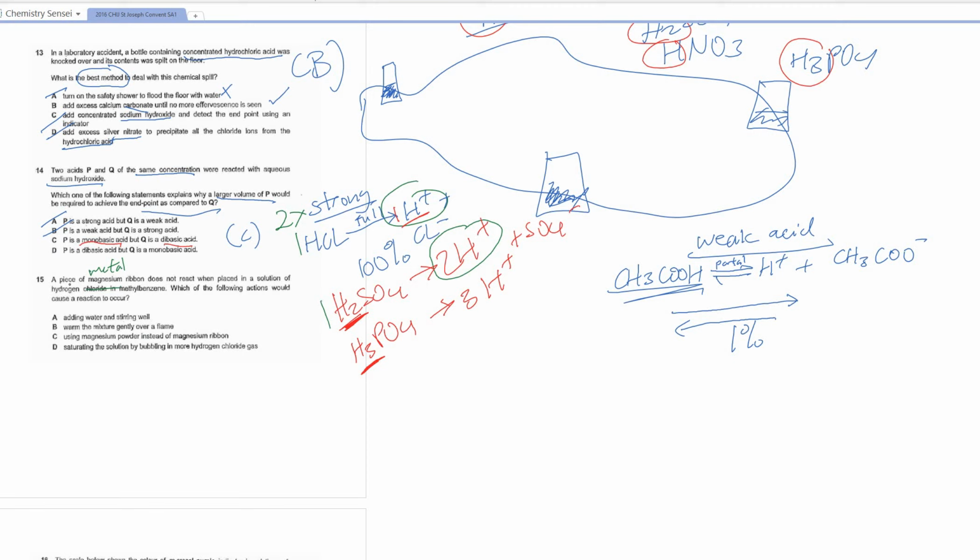But if you remember from one of the previous questions, I have mentioned that hydrogen chloride is not the same as hydrochloric acid. The difference lies in the state. A solution of hydrogen chloride in methylbenzene does not have acidic property. For it to have acidic property, it must be dissolved in water. So the correct answer is option A, when we add water and stir well.